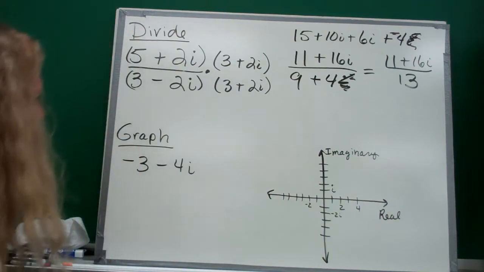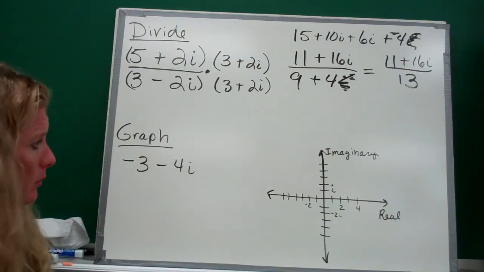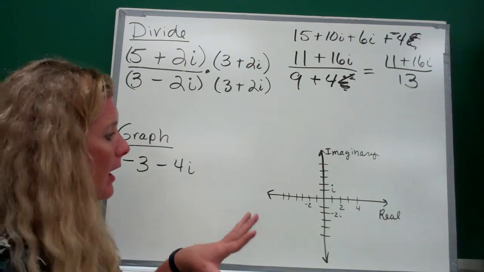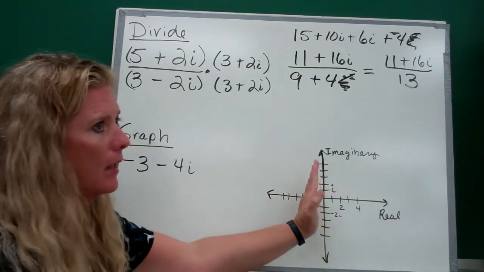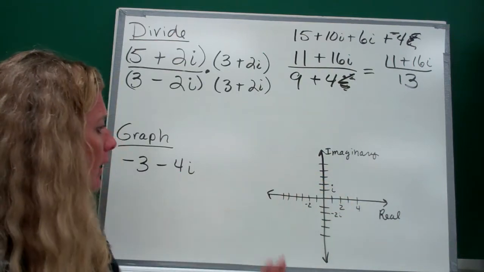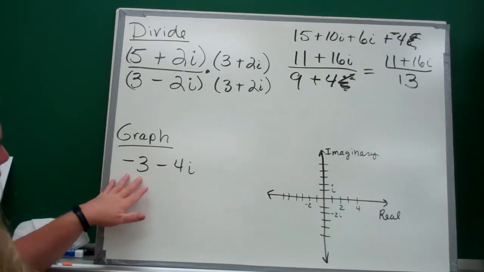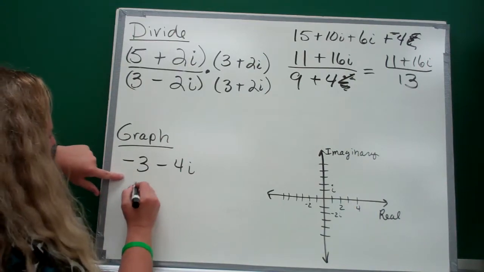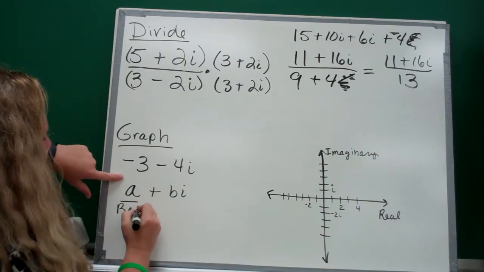Next thing, graphing. We can graph complex numbers. We have to graph them in the complex plane, which means instead of having x and y, we have real and imaginary. This is the complex plane. So what we do is we go to the real part, this is a plus bi. This is the real part.